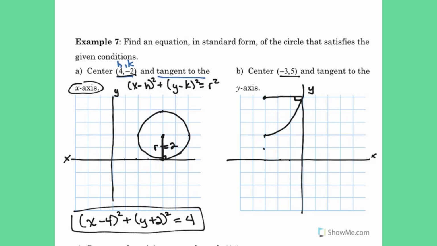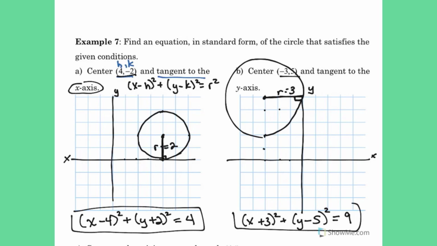I'm not going to draw the whole circle, but that's my radius, and I can just count. My radius is 3. So I have x plus 3 squared plus y minus 5 squared equals 3 squared.